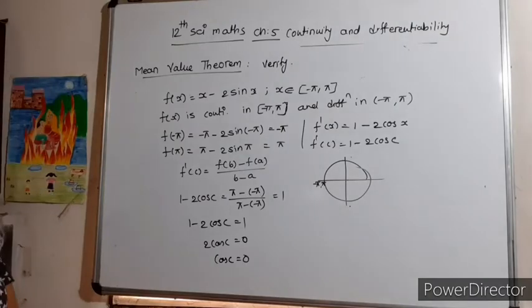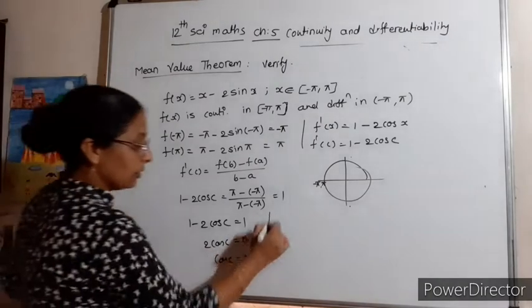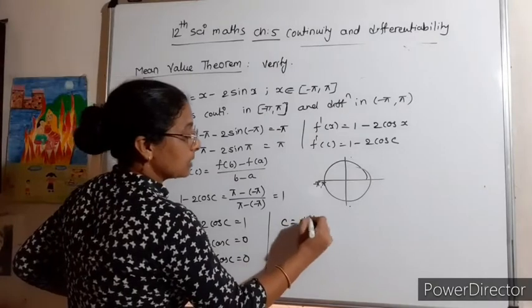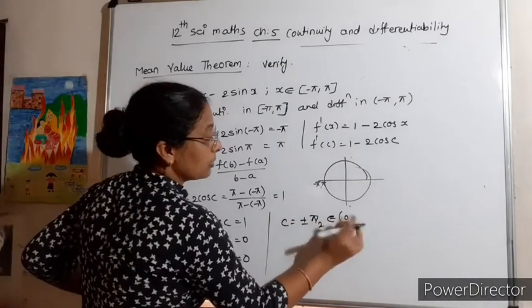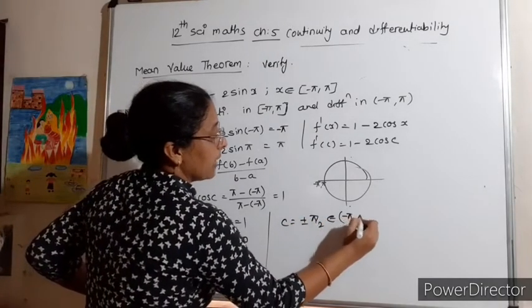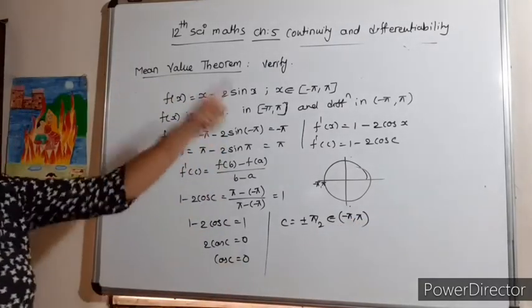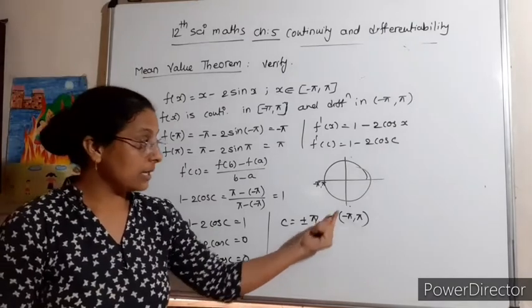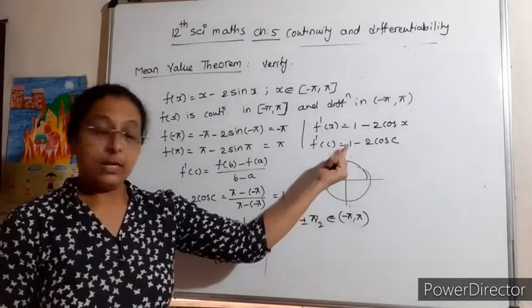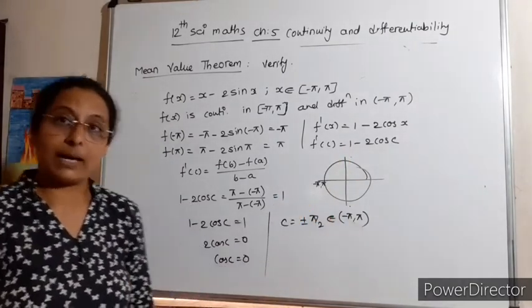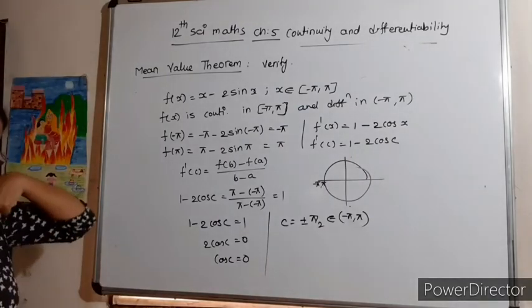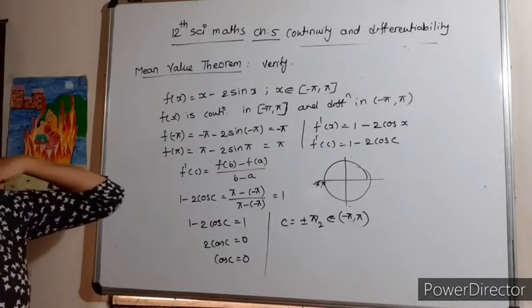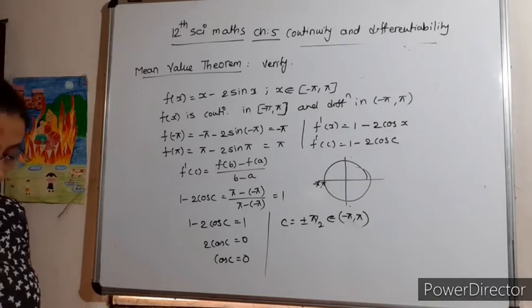So we can take that c is equal to plus or minus pi by 2, which belongs to minus pi to pi. हमारा जो इंटरवल है, you will get the two values of c, that is minus pi by 2 and pi by 2, which belong to minus pi to pi. So that mean value theorem is applied, right?